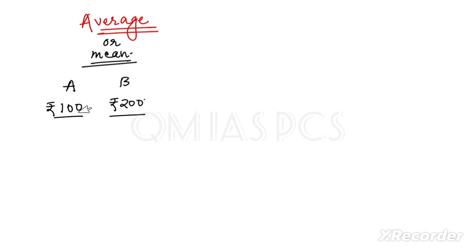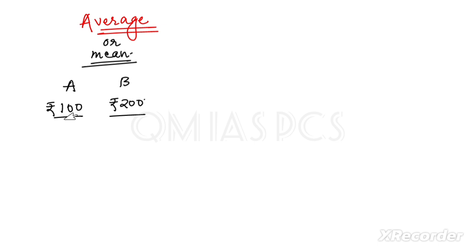So let's begin. Average means mean. Just for example, I am giving you a condition: a person A has, let's say, 100 rupees, and a person B has 200 rupees. Right now they don't have equal values.